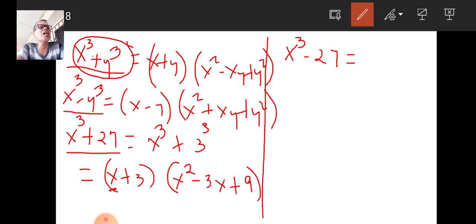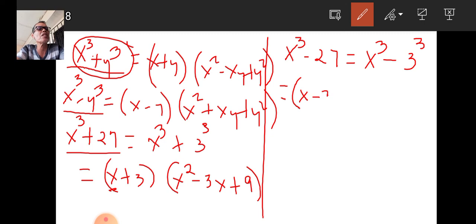So you will have x cubed minus the cube root of 27, which is 3 raised to 3. Then for the factors, disregard the exponent and copy the base. So the base is x minus 3, times the second factor, which comes from the first factor.